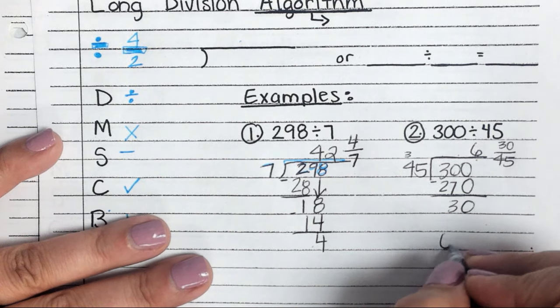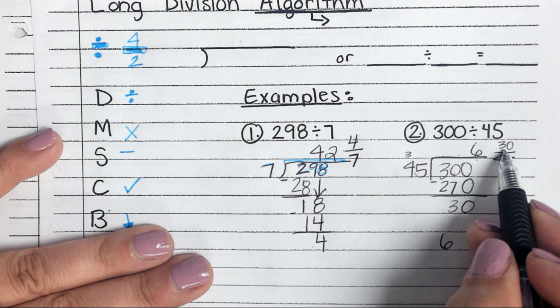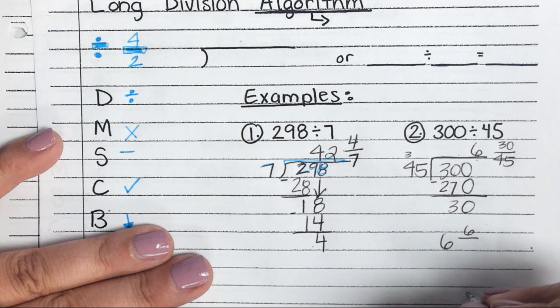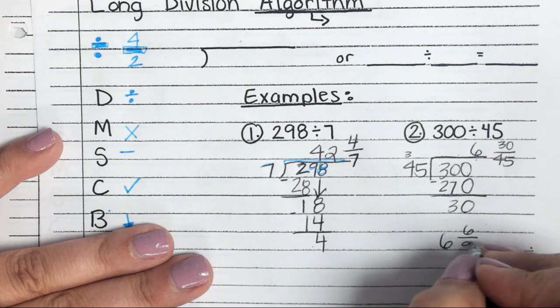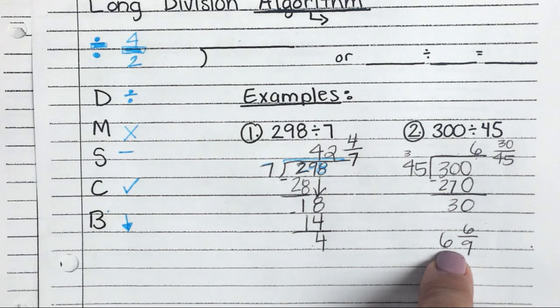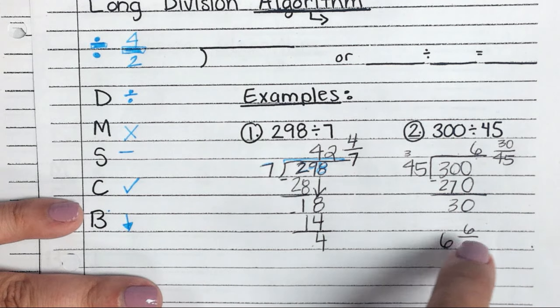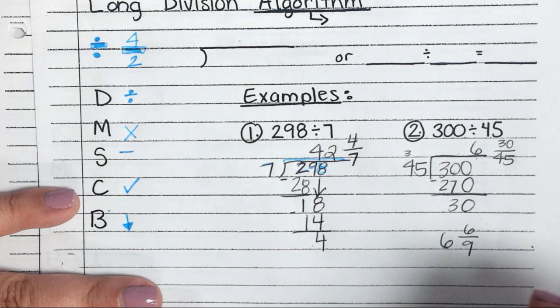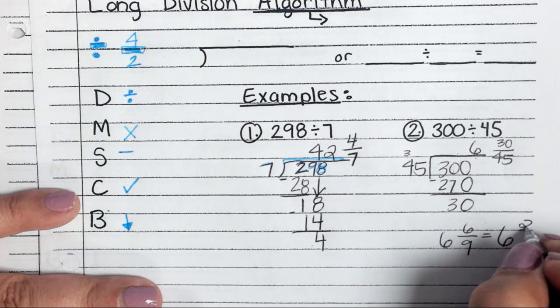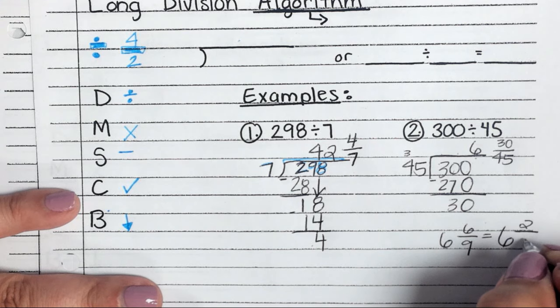Okay, so we have 6. How many times will 5 go into 30? 6. How many times will 5 go into 45? 9. I get to this point, I can still reduce that fraction. That's right, 3 can go into both. So 3 goes into 6 2 times, 3 goes into 9 3 times.